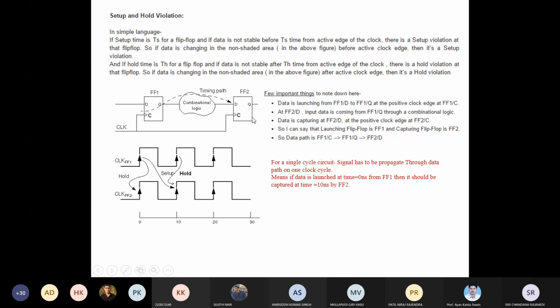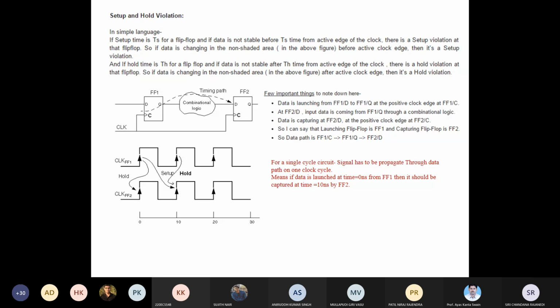Then at FF2 D input, data is coming from FF1 Q through a combinational logic, and data is captured at FF2 D at the pulse of the clock of FF2. So we can say that the launching flip-flop is FF1 and the capturing flip-flop is FF2.